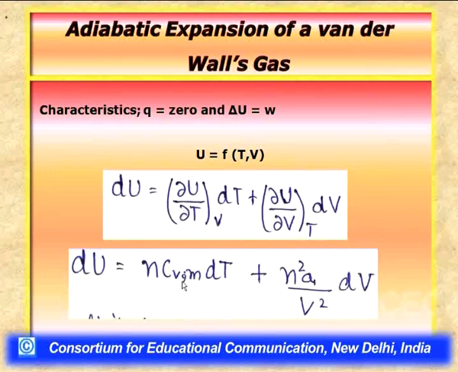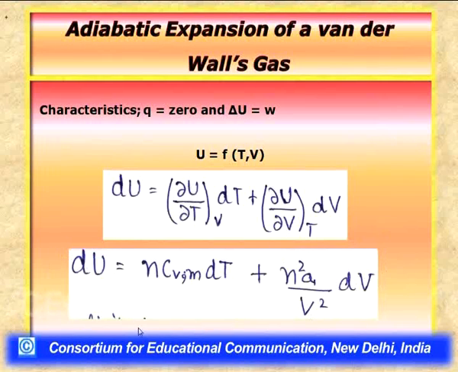Therefore, dU equals n CVm dT plus (dU/dV) at constant T, and this term we have just derived for the isothermal condition, in this lecture itself, that is n square a by V square. So, we substitute it here and multiply it with dV.